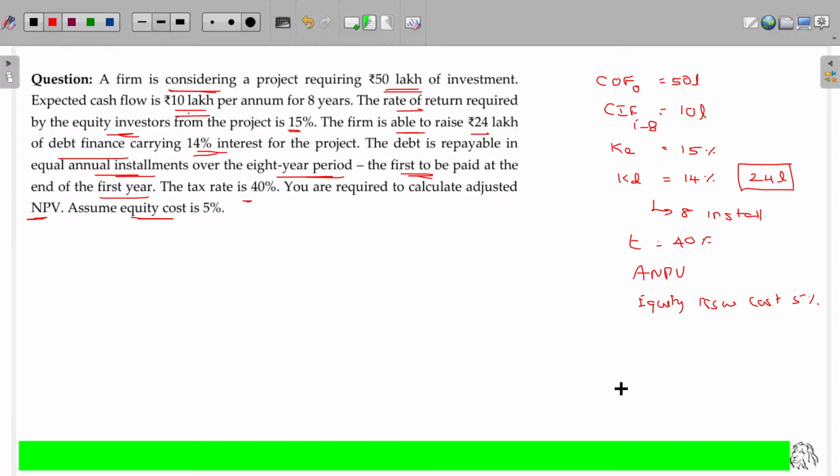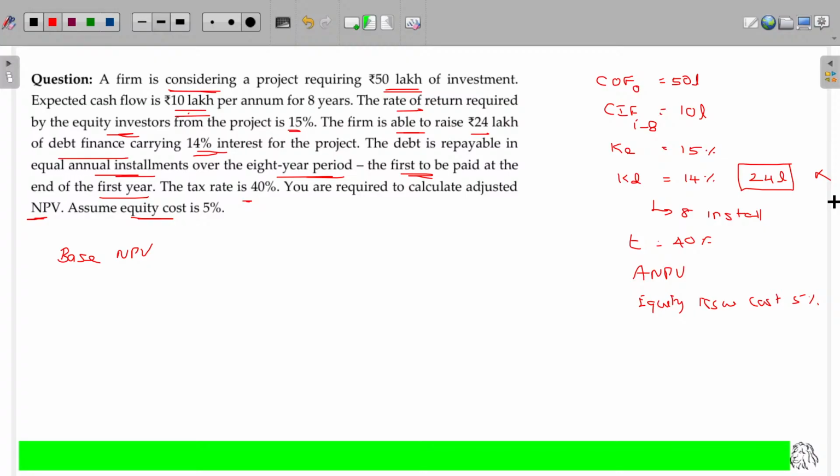Now, in this case, you have to first calculate the base NPV. Base NPV is nothing but when you don't have any borrowings. You collected the full money by issuing equity shares only.